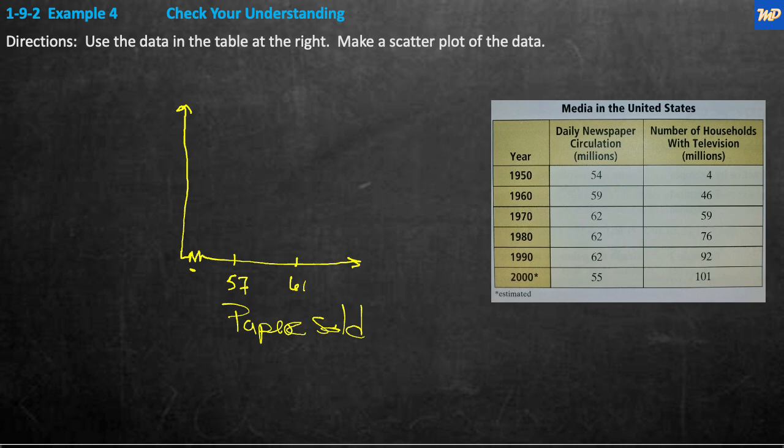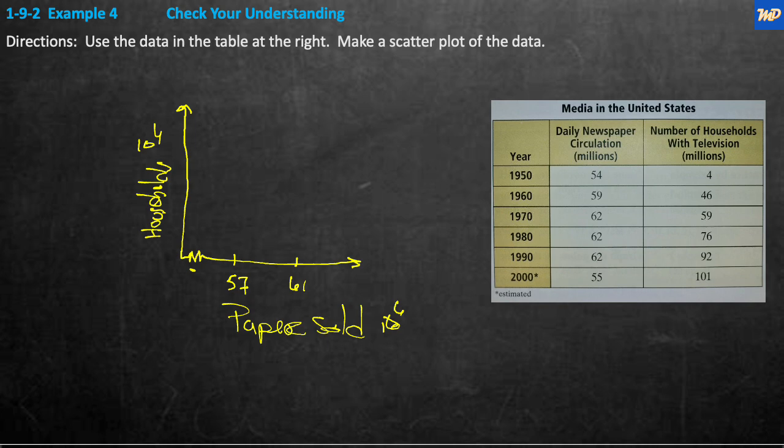And this graph going up and down is going to be number of households, in the millions. So that's per million, right? 10 to the sixth is a million.